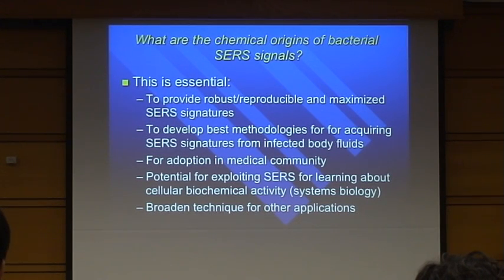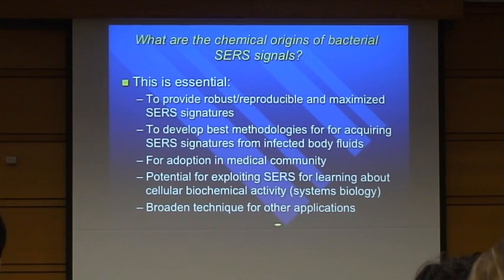One, so that you can develop a robust, reproducible signature and the best methodologies, figure out where the molecular origins are, maybe things you can do to enhance those signals, and develop strategies for enriching the materials that give rise to these signatures. I think for adoption in the medical community, it's important to be able to offer an explanation that is not just phenomenology.